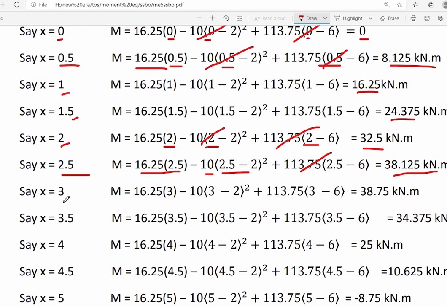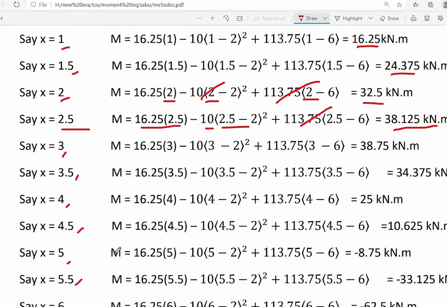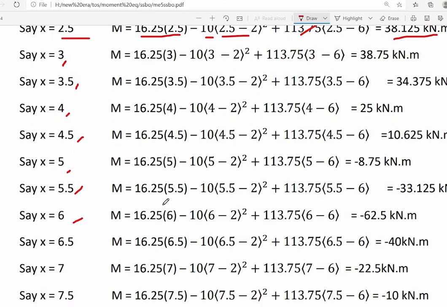Applying the same arguments, at x equal to 3, 3.5, 4 meters, 4.5, 5 meters, 5.5, up to 6 meters of the beam, we can solve for the corresponding moments. That is equal to 38.75, 34.375, 25, 10.625, negative 8.75, so that is a negative moment, then negative 33.125, a negative moment, and negative 62.5 kilonewton meters respectively.